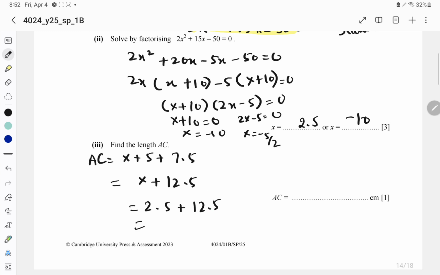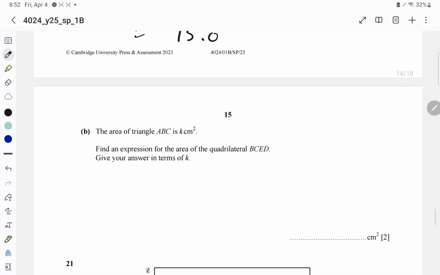So 12 and 2 is 14, and 0.5 is 14.5... that makes 15. So 15 centimeters is the length of the line AC in this question.